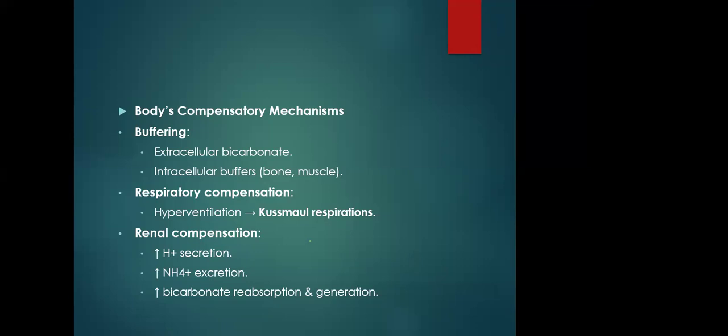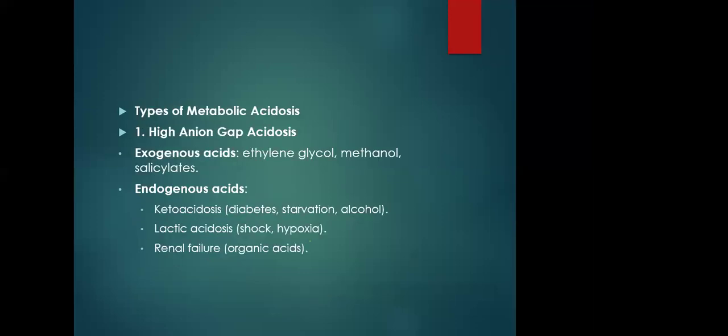We also have a respiratory compensation, which is hyperventilation, the small respiration, where your body is trying to prevent too much acidosis. As well, you can have renal compensation where it can lose a lot of protons like hydrogen ion and ammonium, and also it can increase bicarbonate reabsorption and also generation, which can be a very good buffering system.